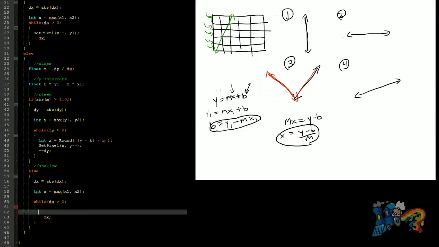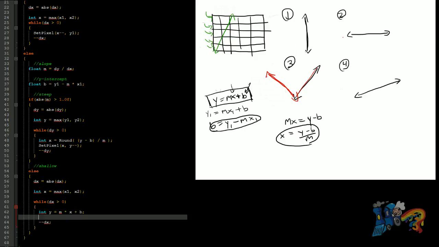Then we need to calculate a y each iteration. We don't know this yet, but it's right here: y is the equation of the line. So we know an x and we can get a y back, and we're just going to utilize that right here. So y is equal to our slope times the x value plus our y-intercept.